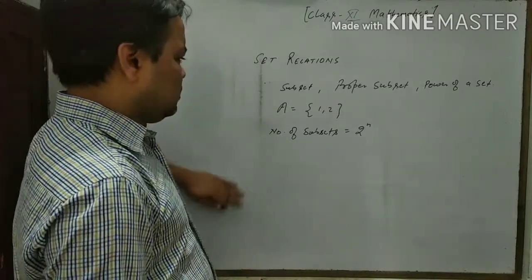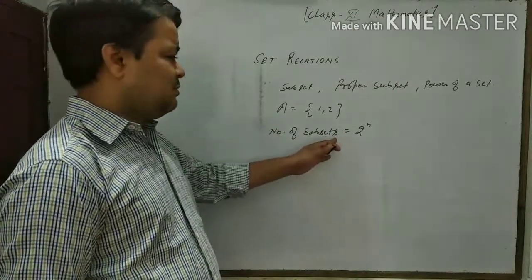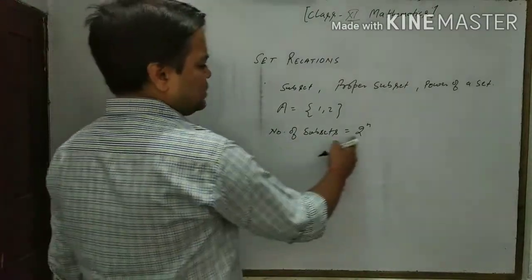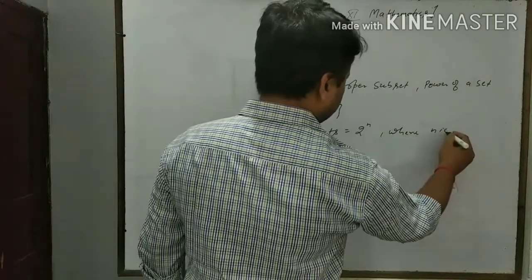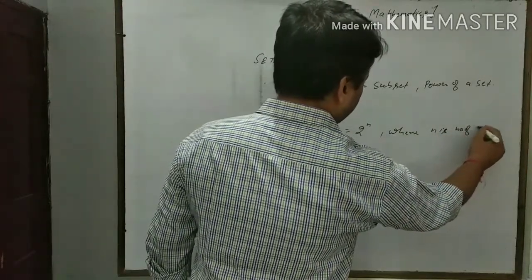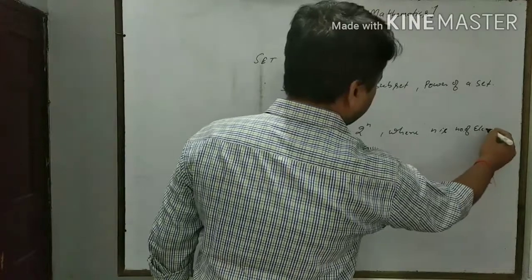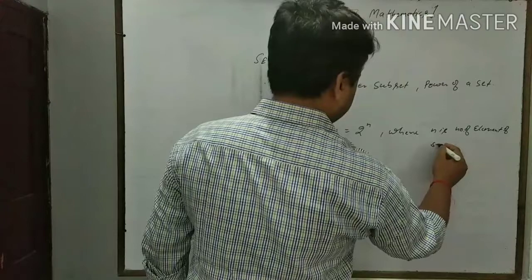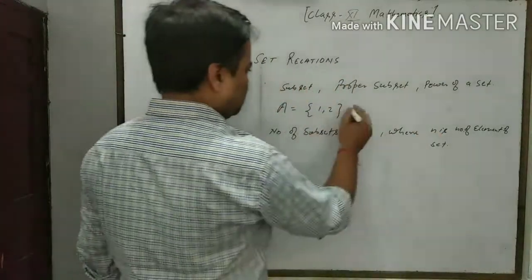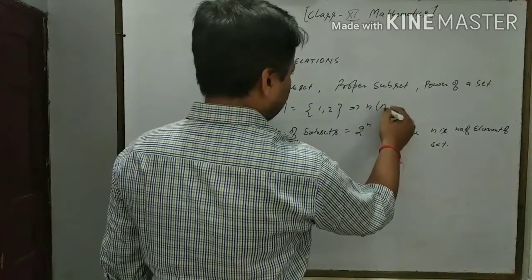You know, this is also given in class 7, 8. So the number of subsets is equal to 2 to the power n, where n is the number of elements of the set.